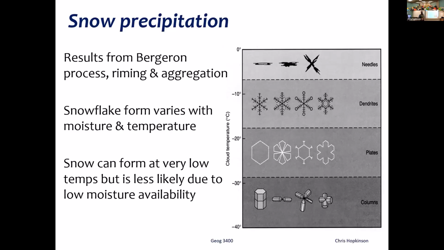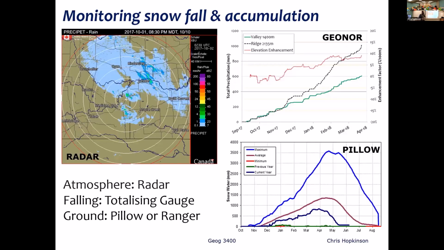Not something I'm going to dwell on, but those structures can tell you something about the temperature of formation, so that's kind of interesting. But once they start to move around and bounce off one another and go through different temperature gradients, then you'll get metamorphosis of snow grains. And to be honest, this is really what we're more interested in, not necessarily the snowflake physics. That's interesting in itself, but as hydrologists, what we're more interested in is the quantity of the precipitation, whether it's rain or snow.